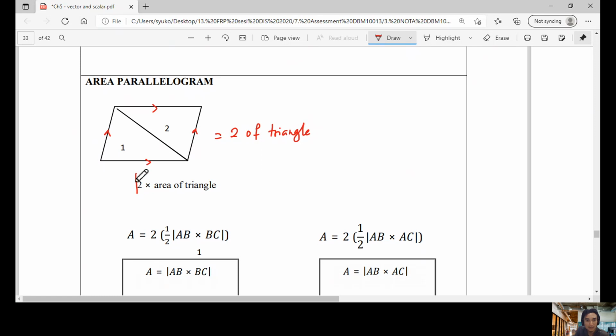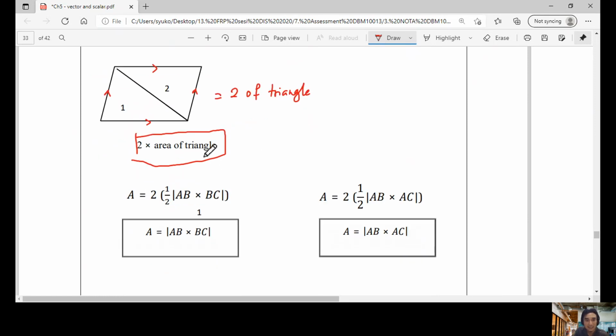Okay, so that's why kat bawah ni dia tulis, okay, to find the area of parallelogram is 2 kali dengan area of triangle, because of this one triangle, this one second triangle, so that we have 2 triangle in a parallelogram. So kita tahu bahawa formula bagi triangle, area is 1/2 times AB cross product with BC modulus. So that kita times dengan 2.